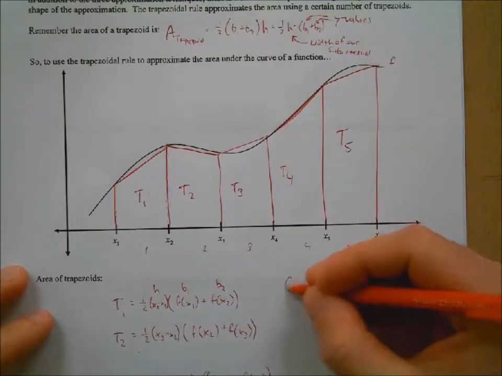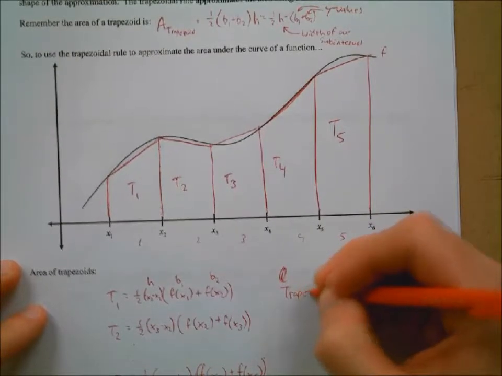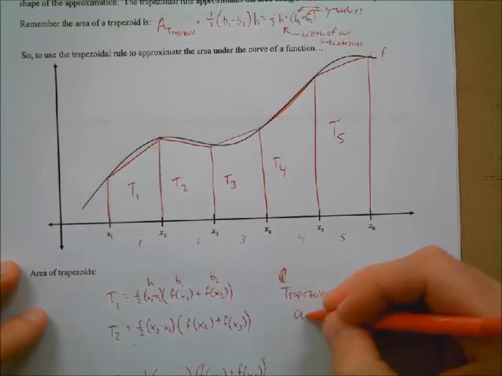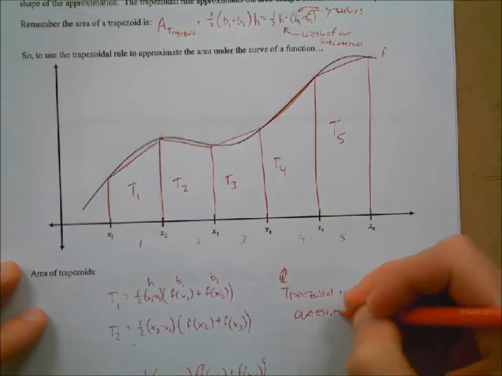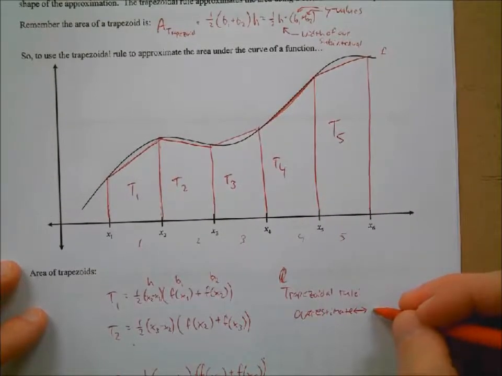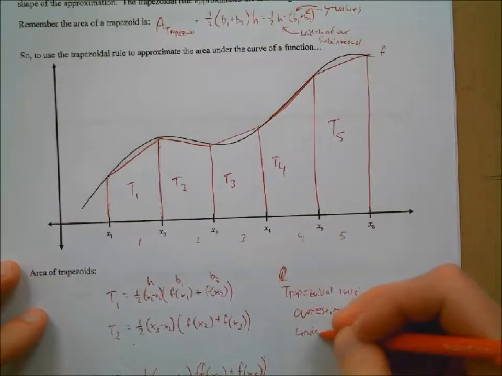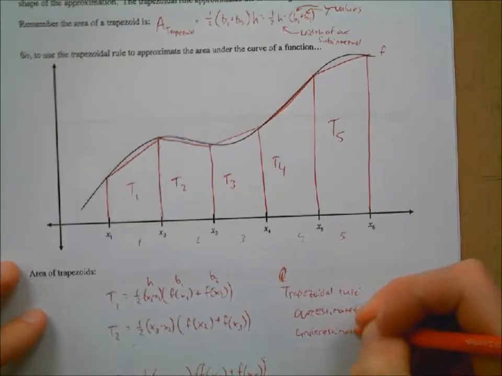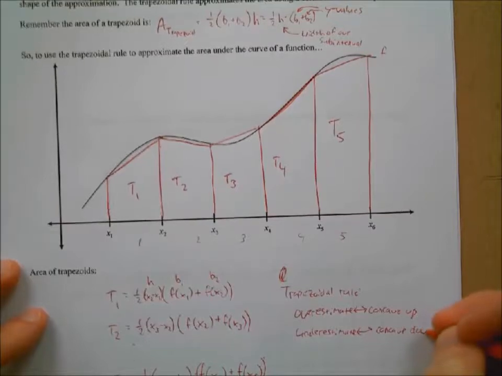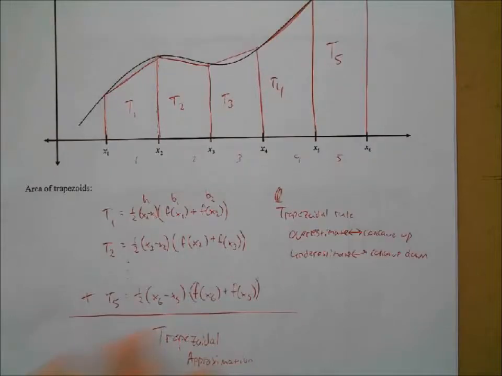So for the trapezoidal rule, overestimate for concave up, an underestimate for concave down. Overestimate for concave up, underestimate for concave down.